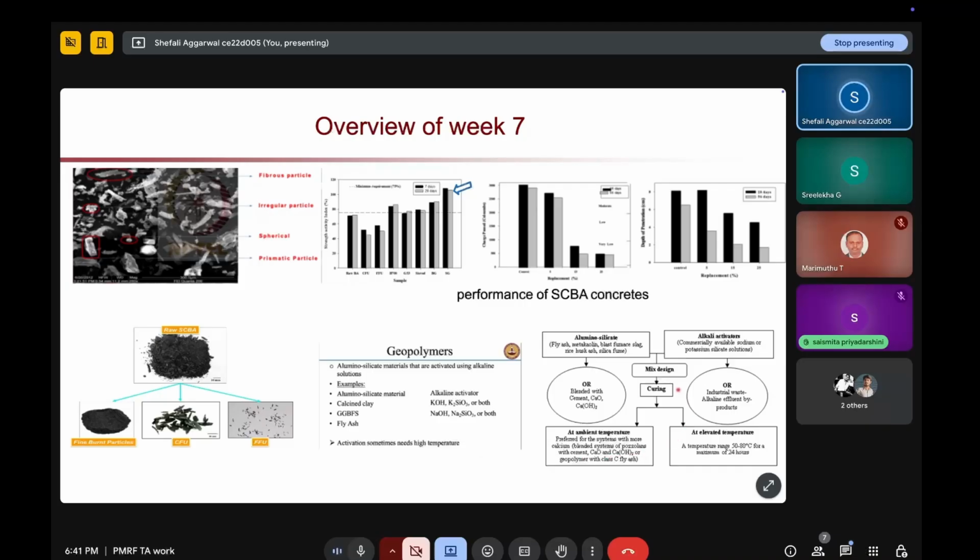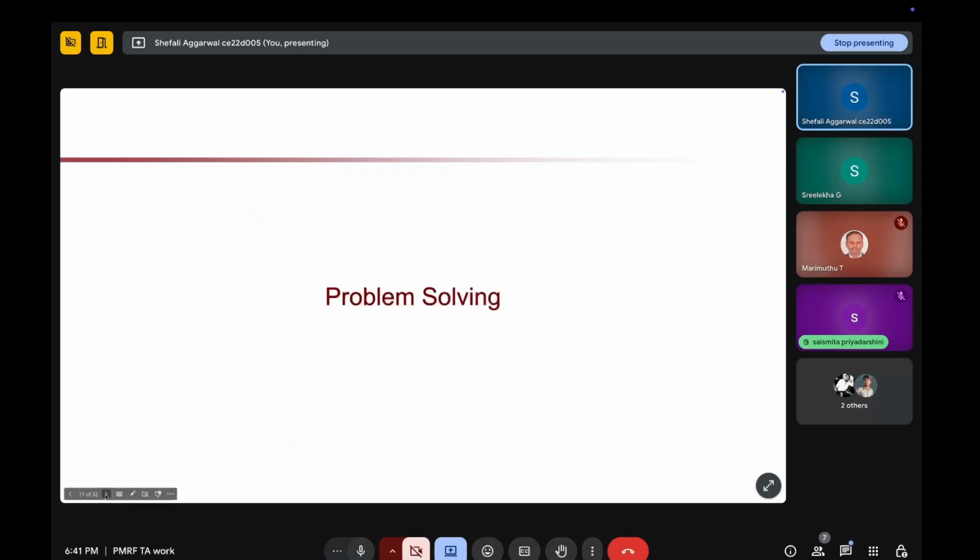We have aluminous silicates and alkali activators. When we mix both of them, we do mix design and curing, and we get different types of results from these geopolymers. That's all you might have studied in this week 7.